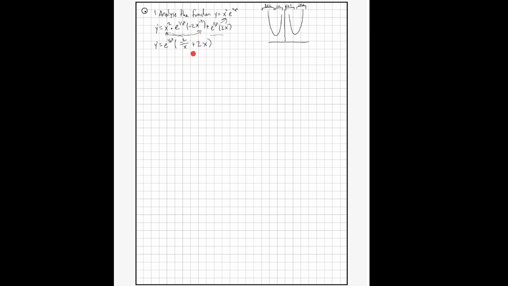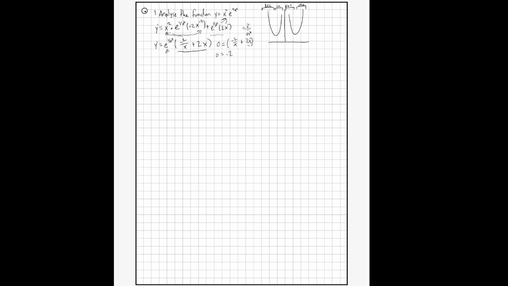So now I need to set this equal to 0 to get the zeros of the function, right? If I look right here, I know that this will never equal 0, so I set this part right here equal to 0. In order to find a common denominator, I need to multiply this by x, giving 2x squared over x. The x's cancel out because you only work with the numerator.